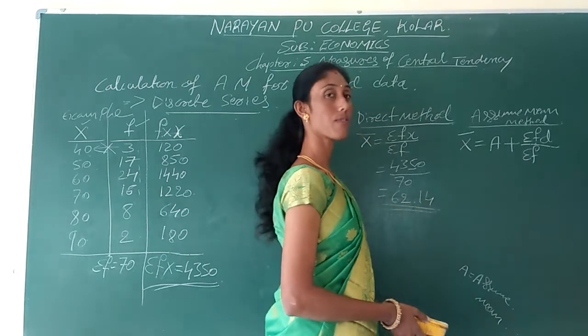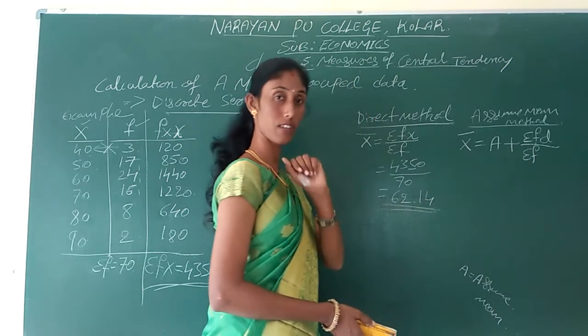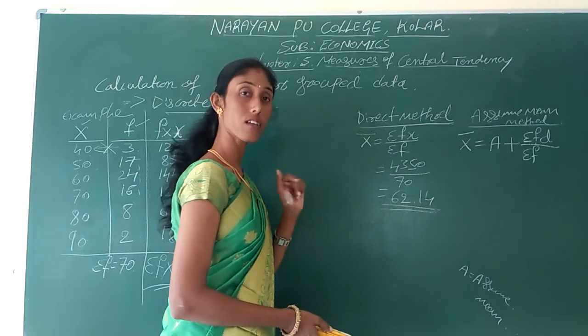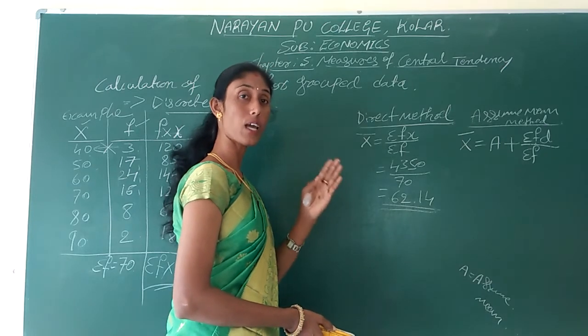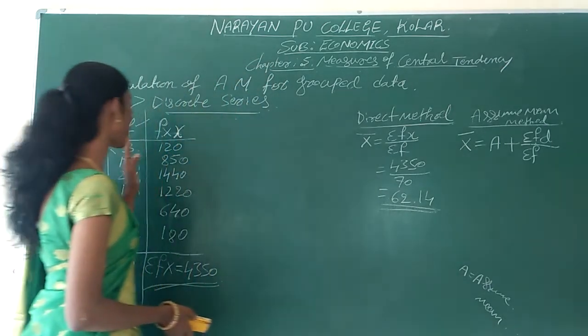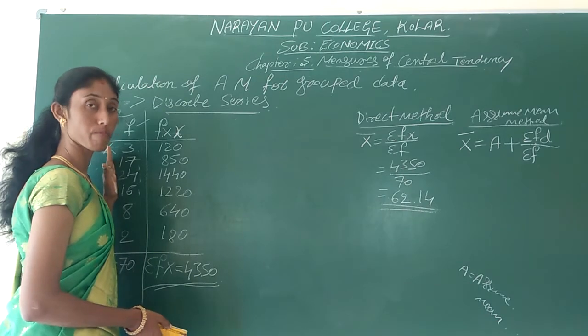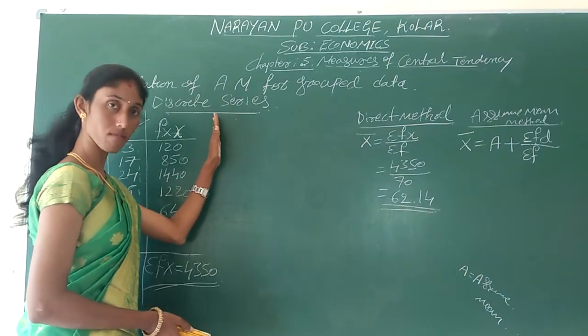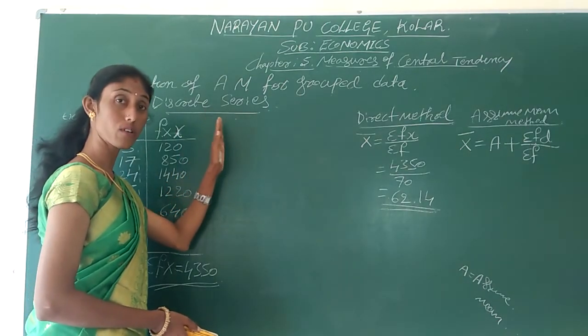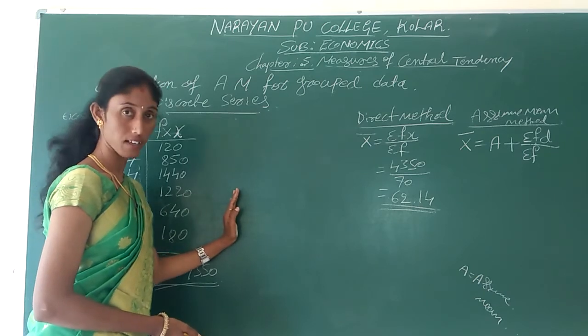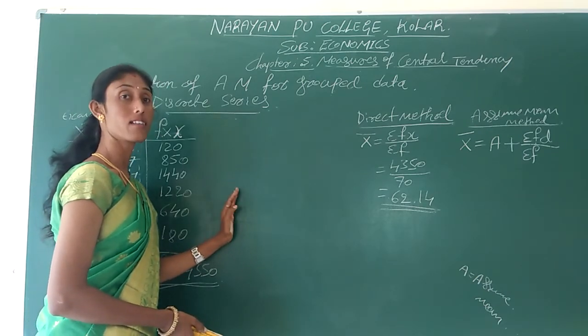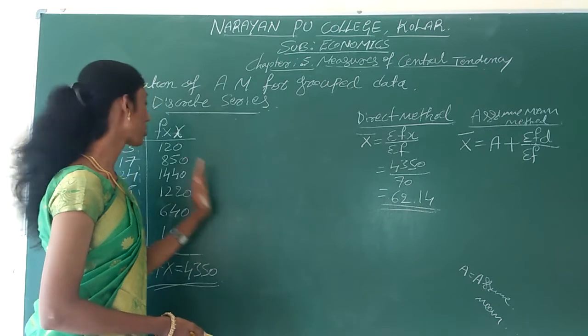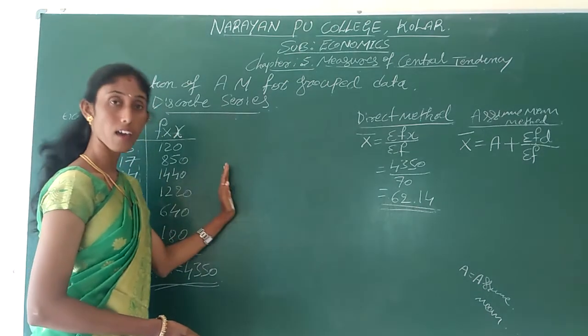Now, to apply this formula, we need to find the deviations first, and after that, the deviation values should be multiplied by the frequencies. First, we find the deviations by taking the assumed mean, and those deviation values are multiplied by f.